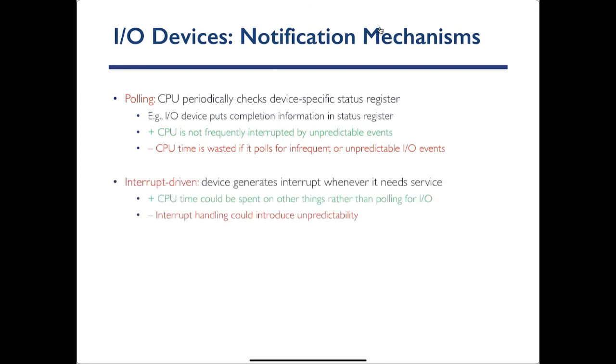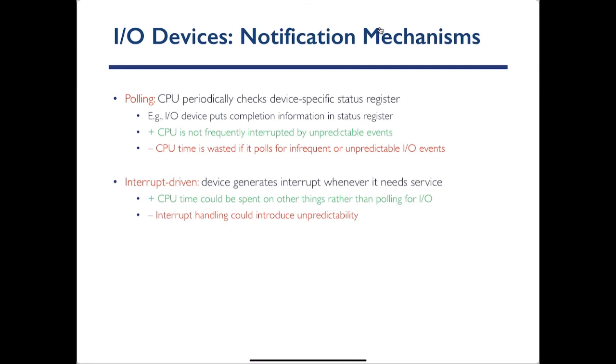Now compare that to interrupt-driven I/O, where the CPU delegates a job to the I/O device and then moves on to doing other tasks. Once the I/O device is done, it interrupts the CPU, and the CPU then gets activated by running the interrupt handler to manage the interrupt.